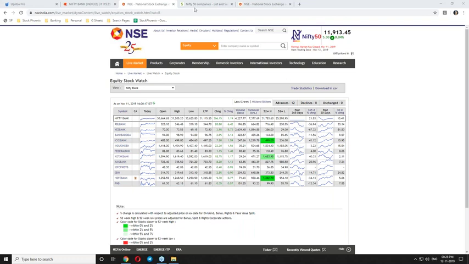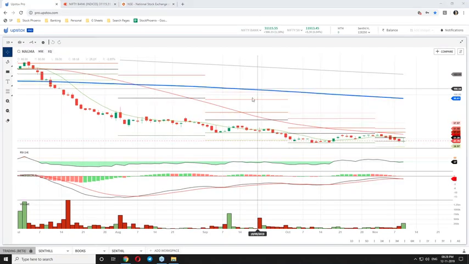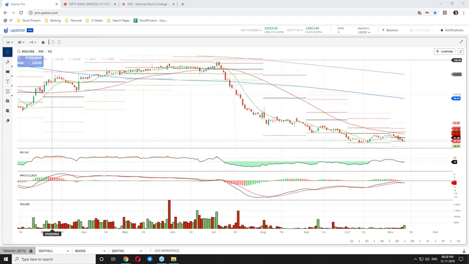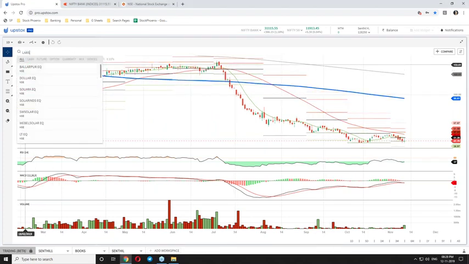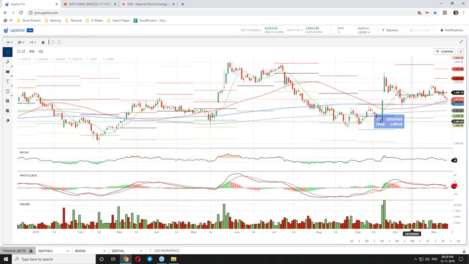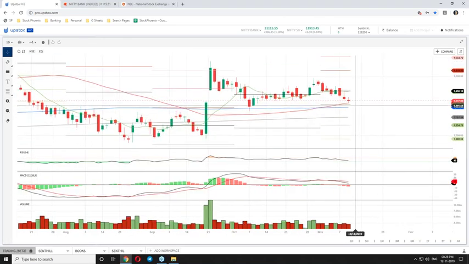L&T, see, I don't want to give stock views now, because it should not be an idea for buying or selling stocks. But still I'll tell you, L&T is a trade from support.